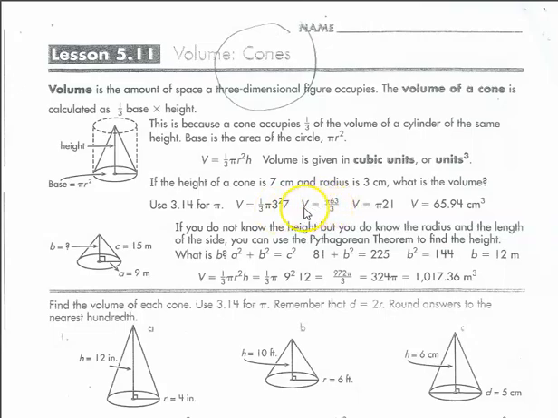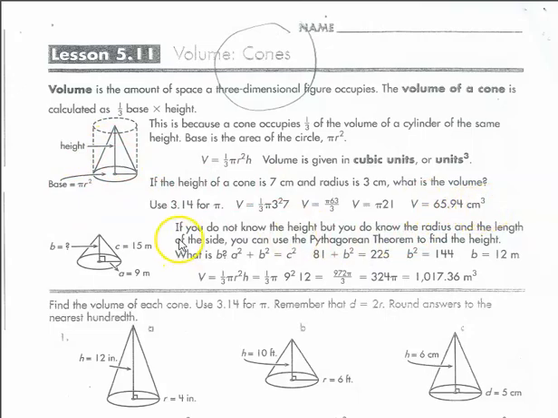So volume is equal to pi times 63 divided by 3, which is this 1/3 right here. Volume is equal to pi times 21 because 63 divided by 3 is 21. And then volume finally is equal to 21 times 3.14. So the volume of this cone is 65.94 centimeters cubed.